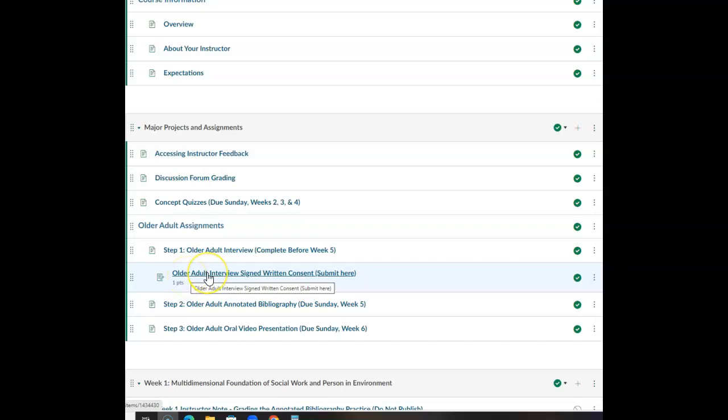You need to obtain written consent from your interviewee before you actually complete the interview, before week 5, and then there are 2 more steps, and these are the things that you will turn in. As I said, we'll talk about assignments a little bit later.